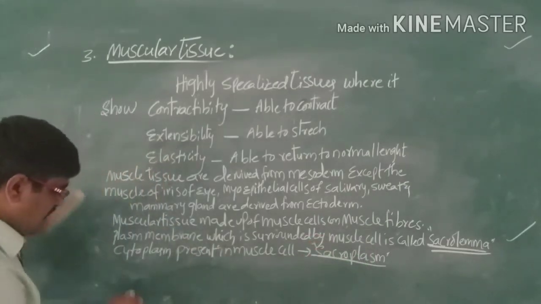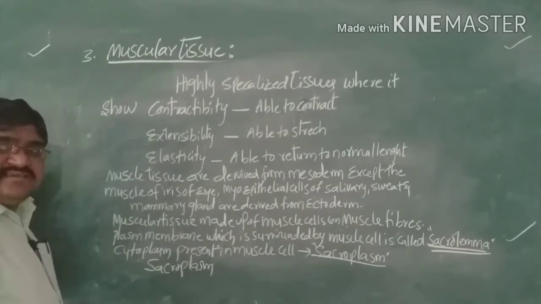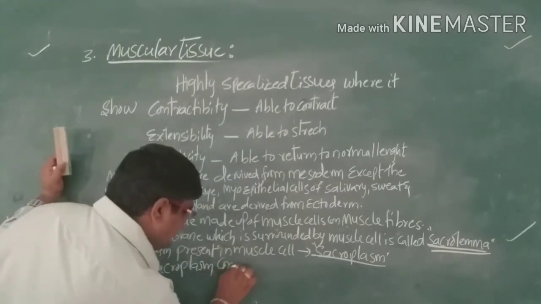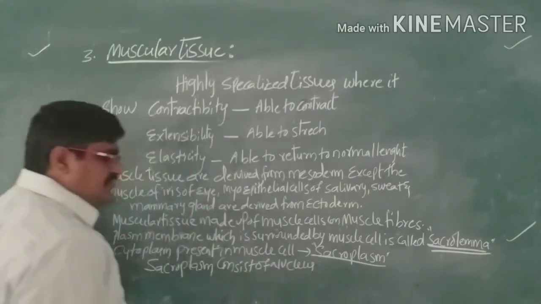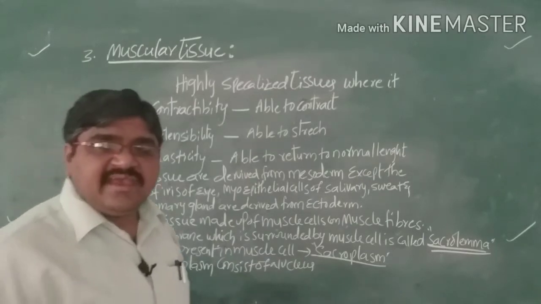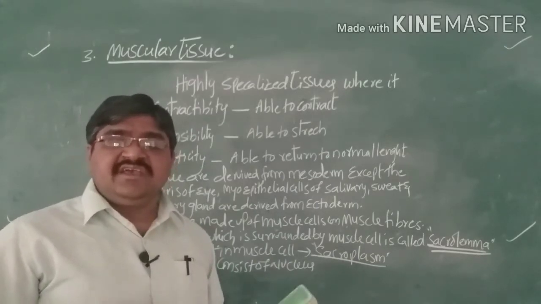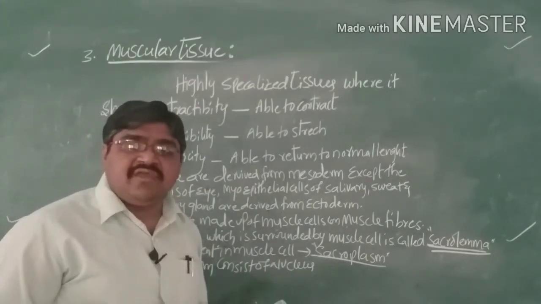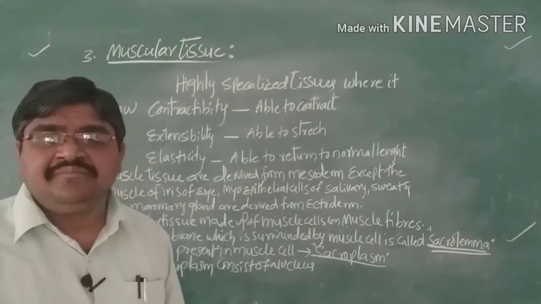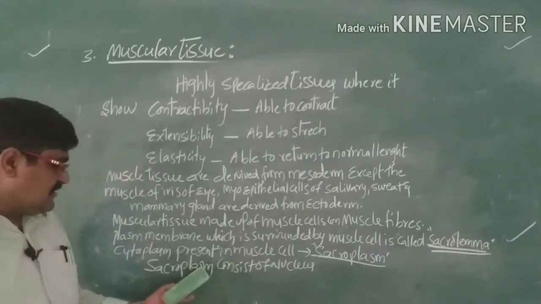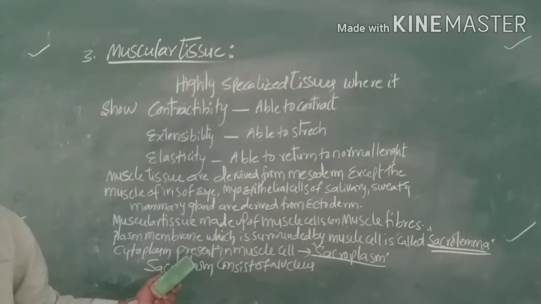The nucleus may be extended, that means one or many nuclei may be present in the sarcoplasm, based on the type of muscle fiber they have, one or many nuclei.